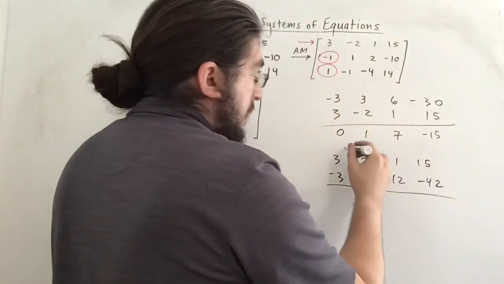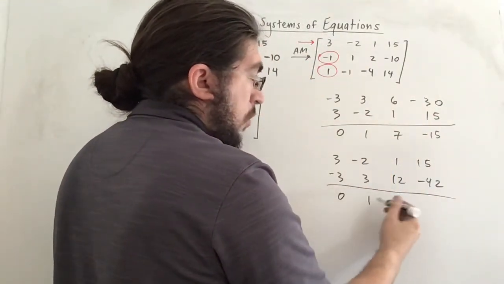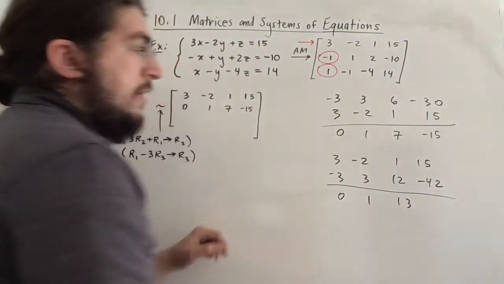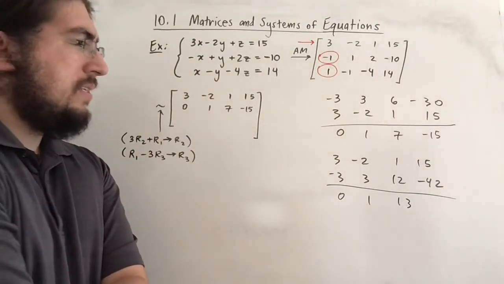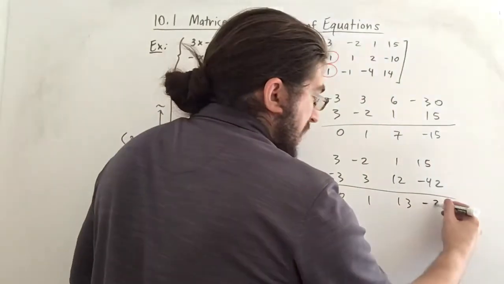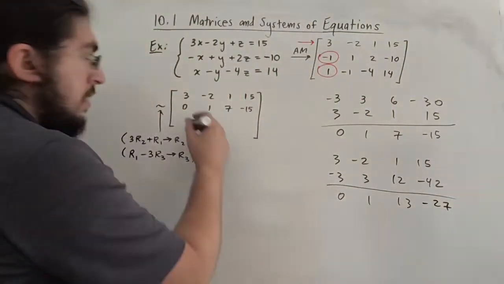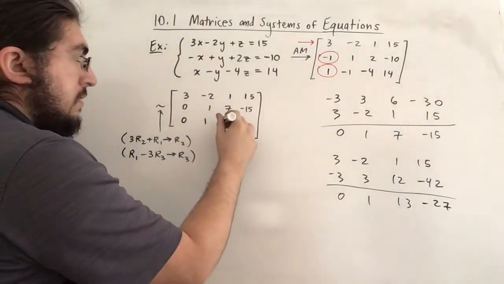Adding these straight down gives you 0 here, 1 here, 13 here, and let's see, what's 42 minus 15? I think it's 27? Yeah, so it's going to be -27. So we get this.